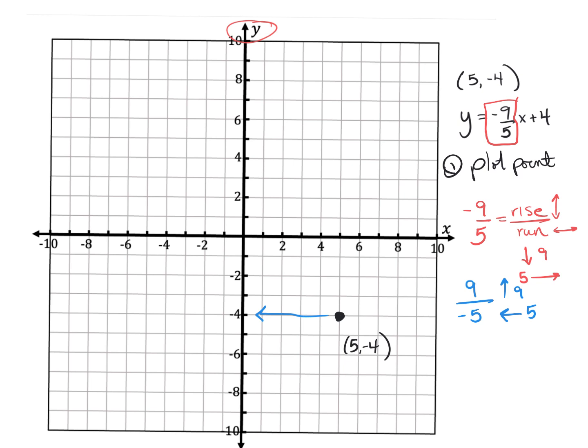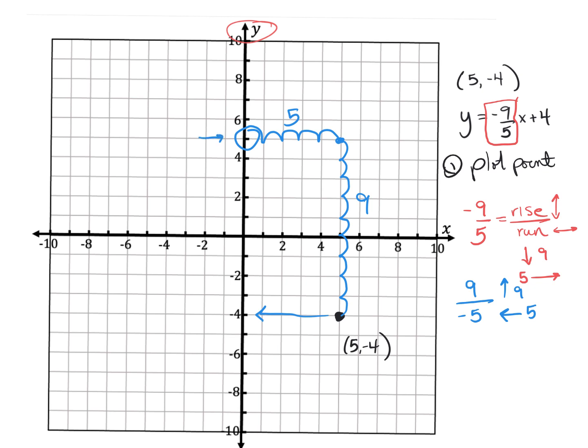So I'm going to count my rise up 9. 1, 2, 3, 4, 5, 6, 7, 8, 9. So that's my rise. And then I'm going to count to the left 5. 1, 2, 3, 4, 5. Bingo. We have reached my y-axis.